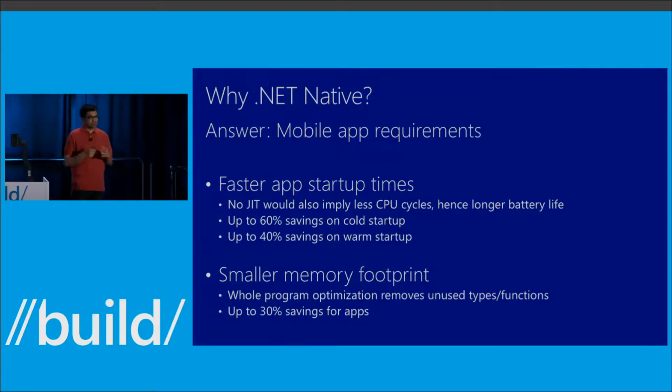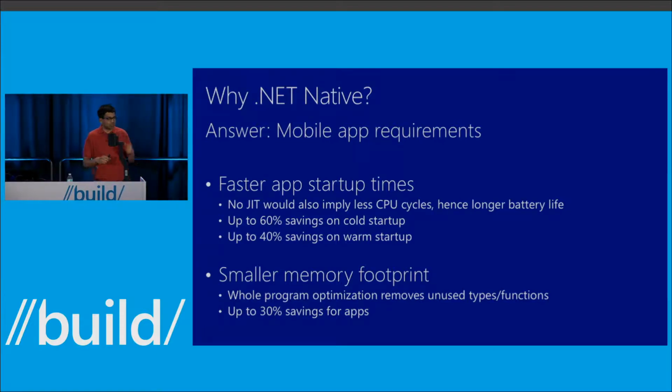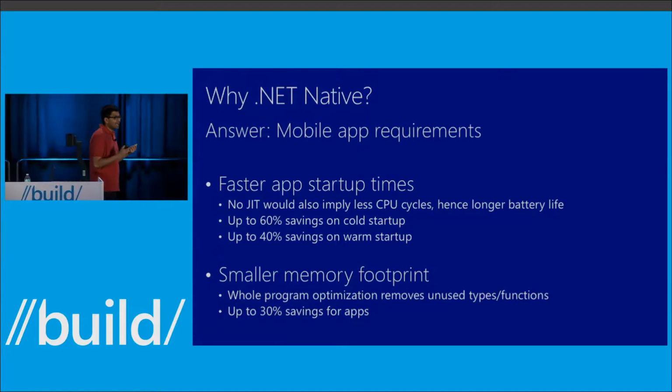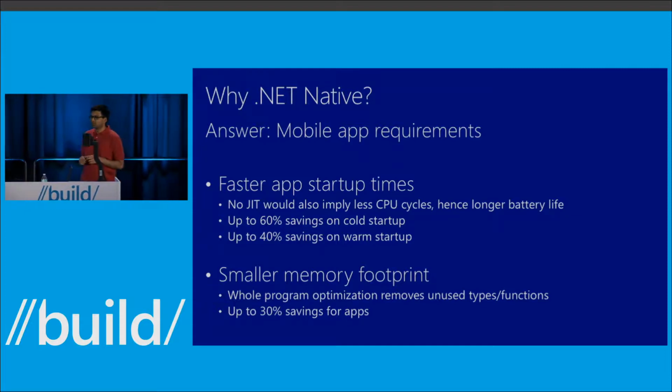The users of your application expect something from these apps, and some of them are fast startup time. If your app doesn't really start up within a particular duration, take your pick, let's say 500 milliseconds, your user is going to walk away.